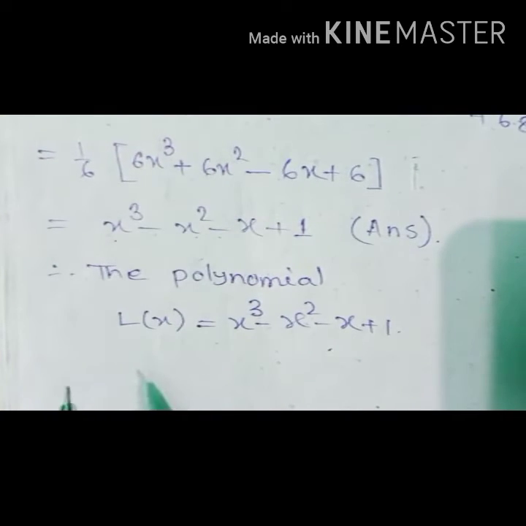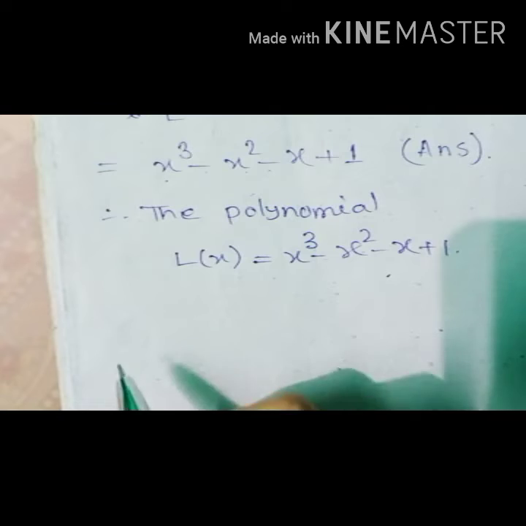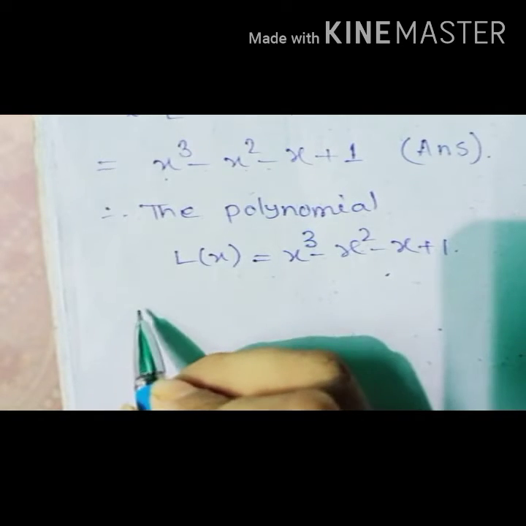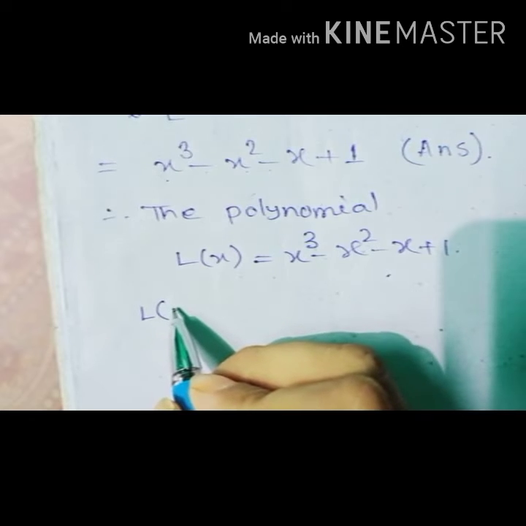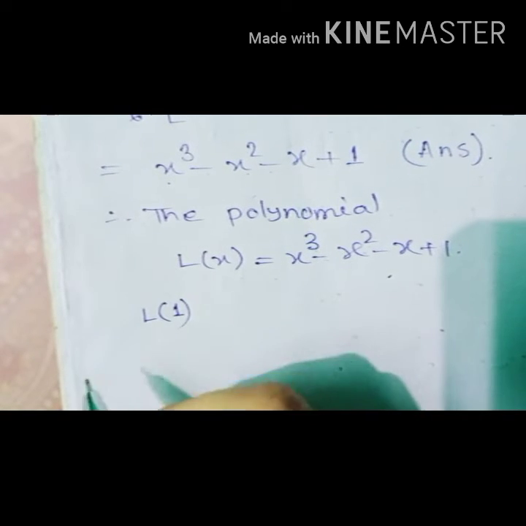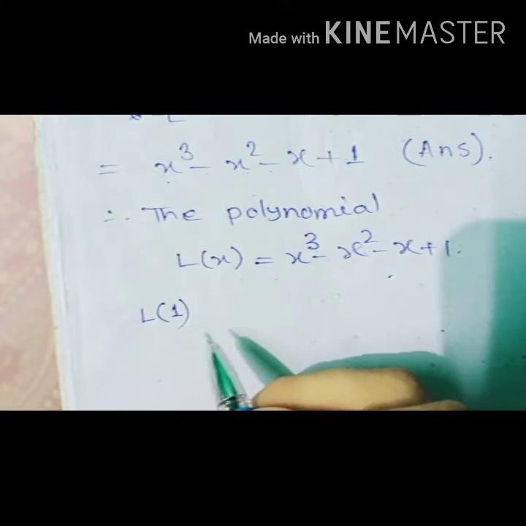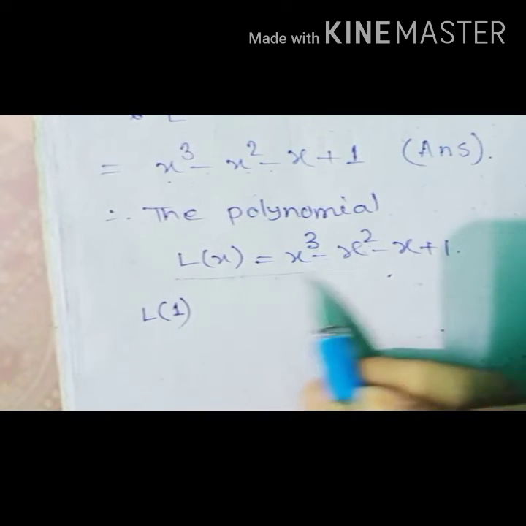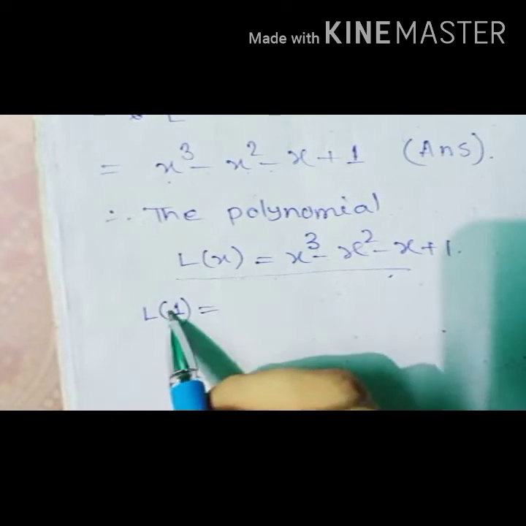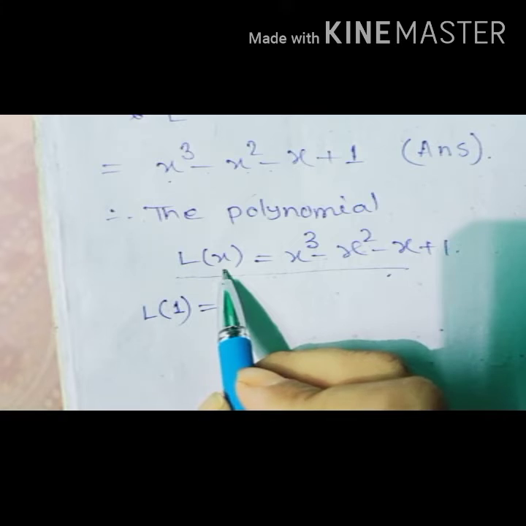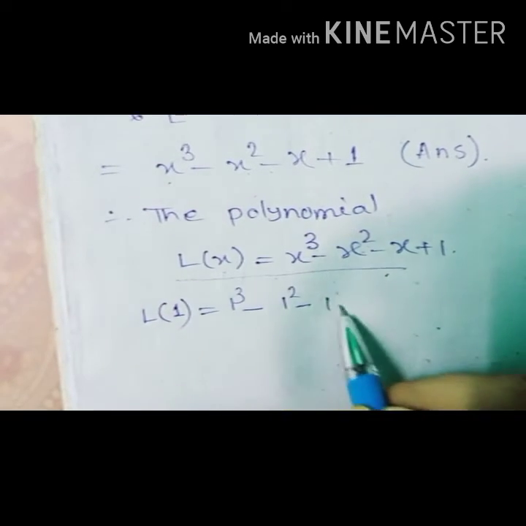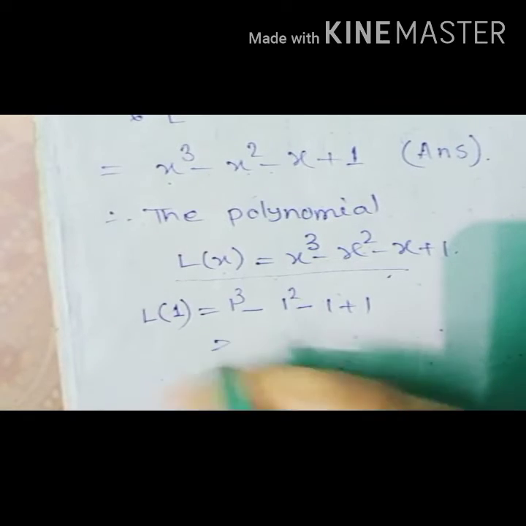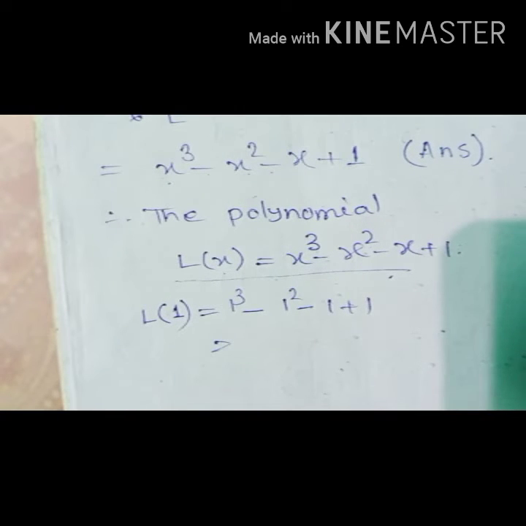And if you are to find out, suppose, L1 in a question, then just find out this polynomial. After that put 1 in place of x, so 1 cube minus 1 square minus 1 plus 1. So what will be the answer? This will be the final answer.